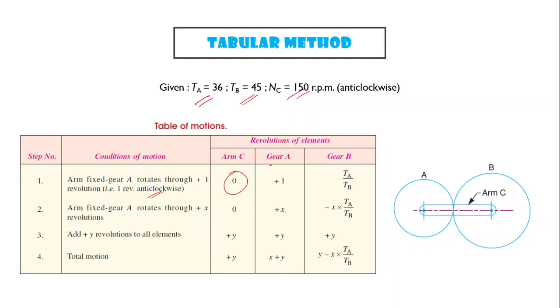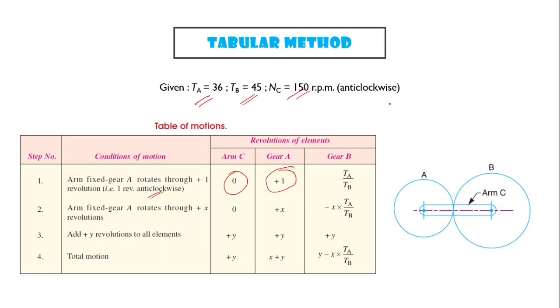Then for gear A, plus 1 revolution, that is the given condition, which we enter in the table of motion. Then we have to find out the number of revolutions of gear B, the third element.